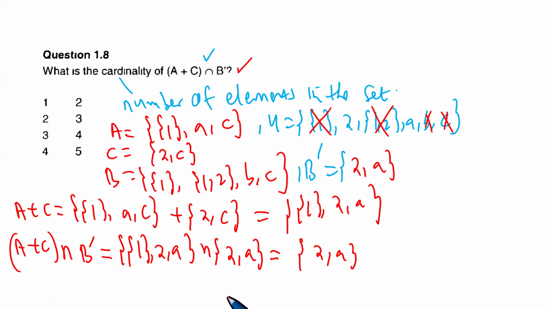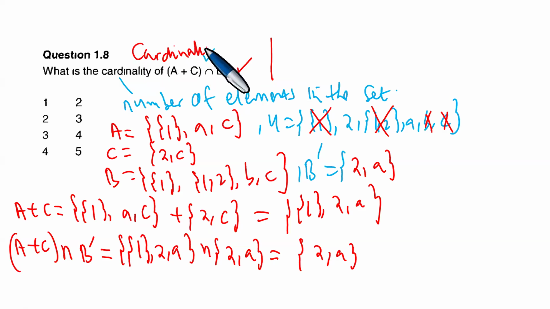Now reasoning this very carefully, because we have been able to list all the elements in this set, it is very clear what the cardinality is. So now we find the cardinality. To find the cardinality, we write as follows.